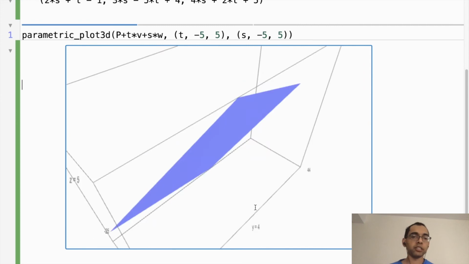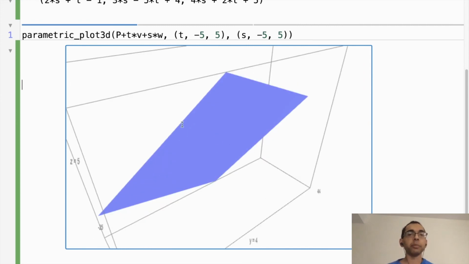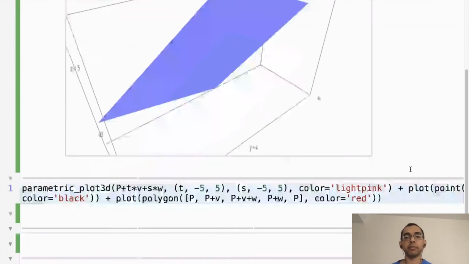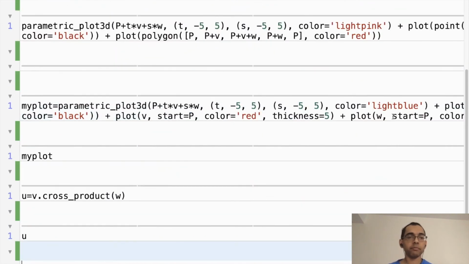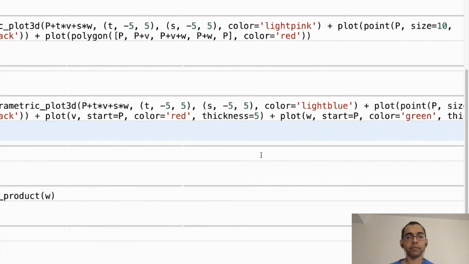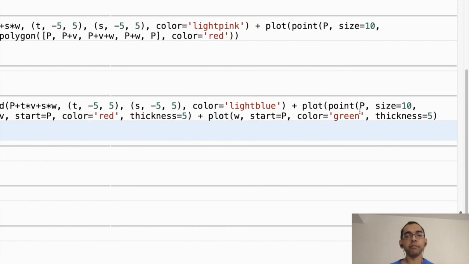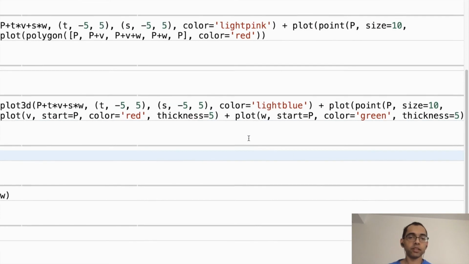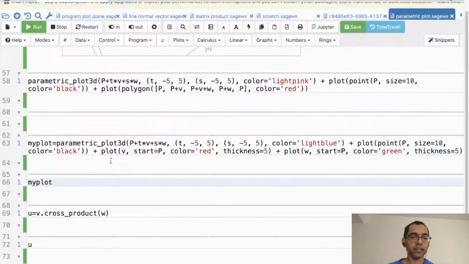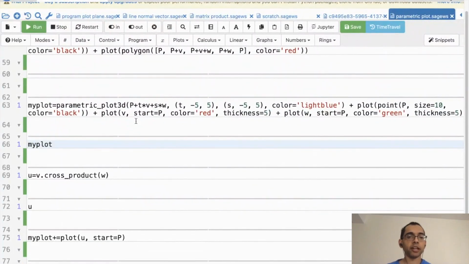And then once again, what I want to do next is just add to it the original point P and the vectors v and w so we can see what's going on. So this time I'm deciding to call it myPlot. This is different from the myPlot1 earlier. So I start with the myPlot parametric 3D of the plane, and then I add to it the point P. Then down here, add to that plot the vector w and the vector v as well, starting at P, both of them.